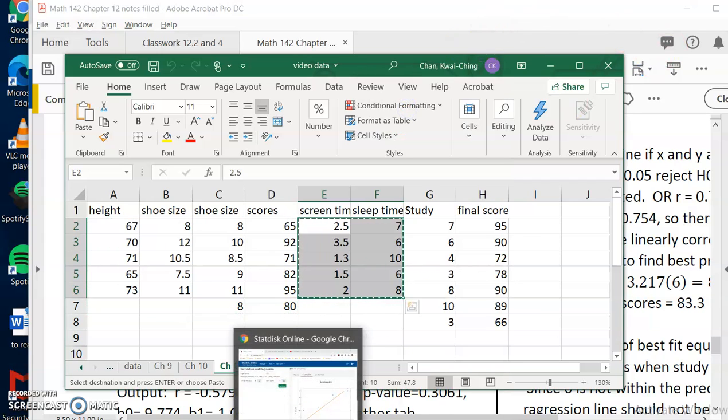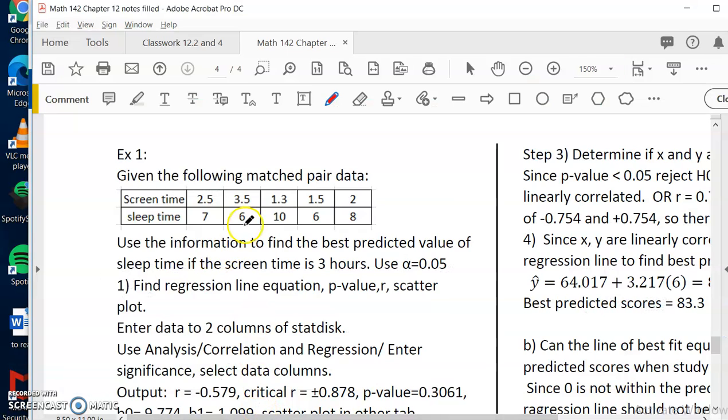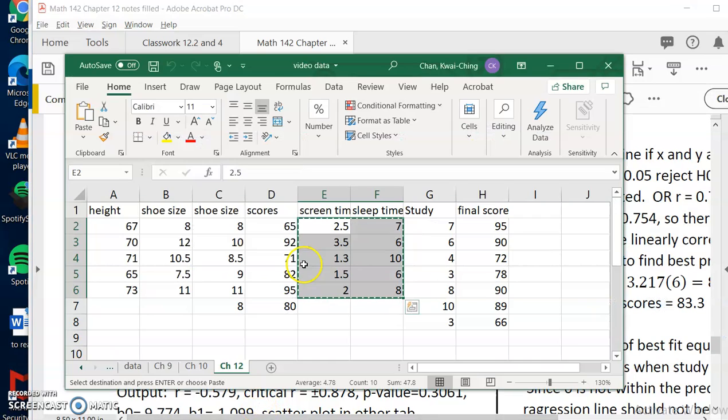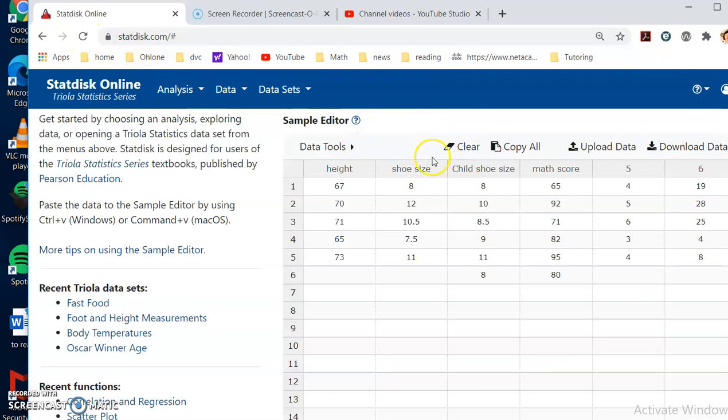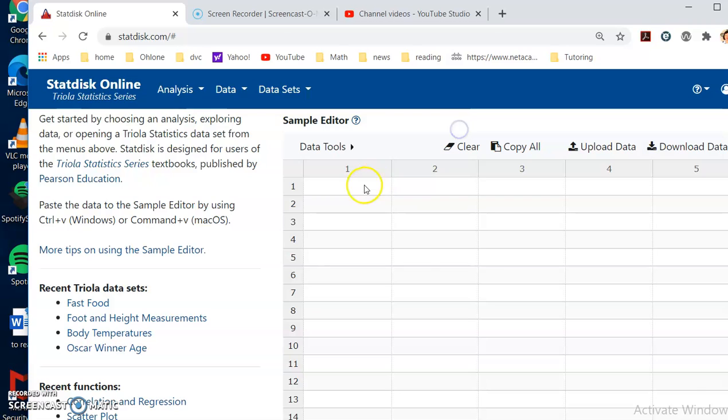We want to look at the relation, and also we want to use it to predict. Okay, so let's go to Statistics. Erase this and also clear all. Okay, copy the screen time and sleep time.